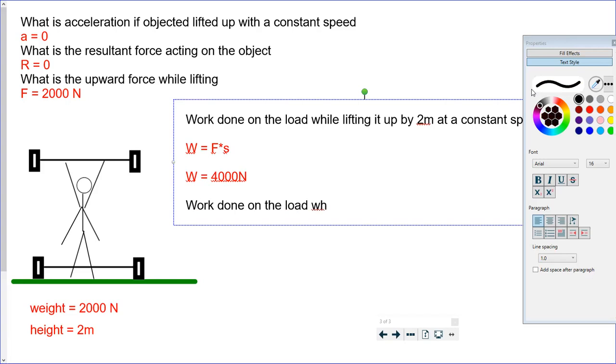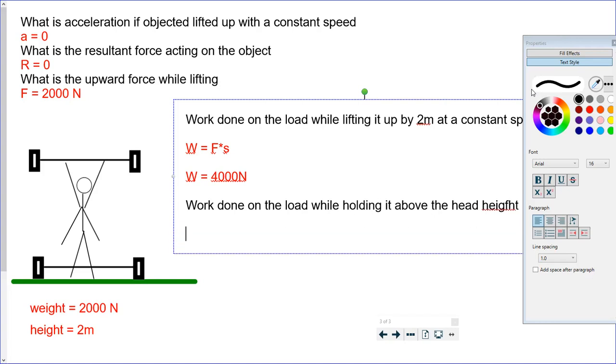That's right, Fatma. While holding, that's right, Aisel, it above the head height. But can you tell me what's the force he is exerting even then, if he's just holding that load above his head? That's right.